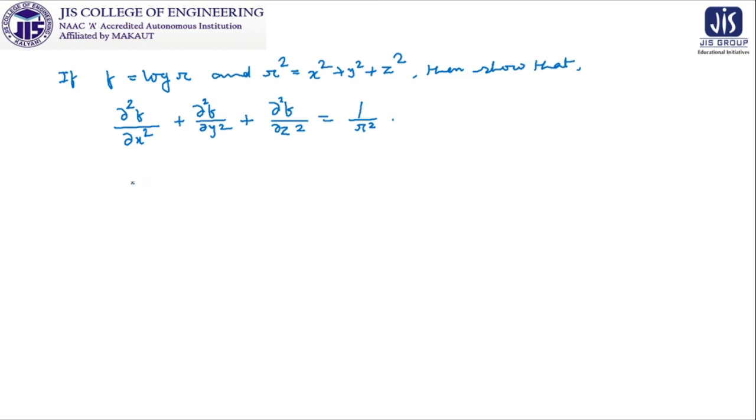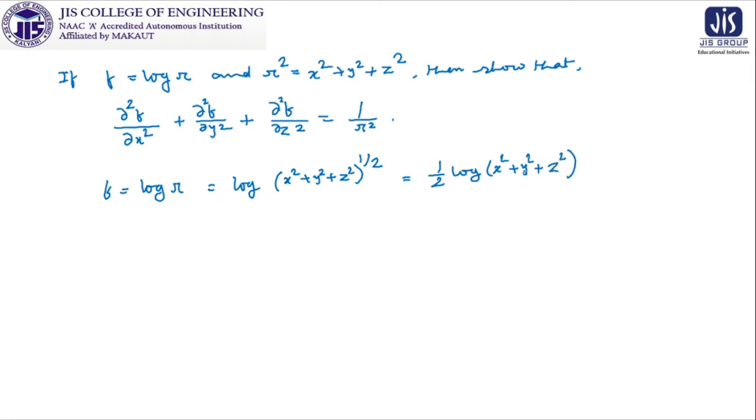But all these things will be easier for you if you concentrate on this part, that f is equal to log r, which is nothing but log of (x square plus y square plus z square) whole to the power half, and you will apply the property that log of a to the power b is b log a, so it is half log of x square plus y square plus z square. After getting this, you will do the straightforward calculation and you will get the answer.